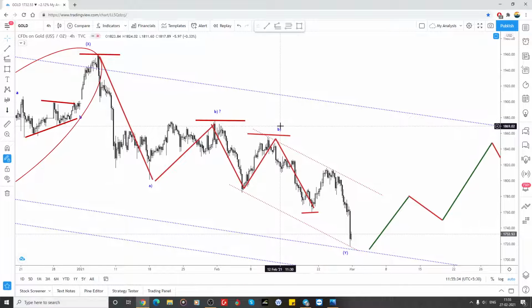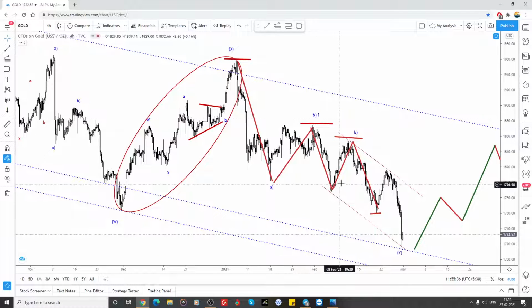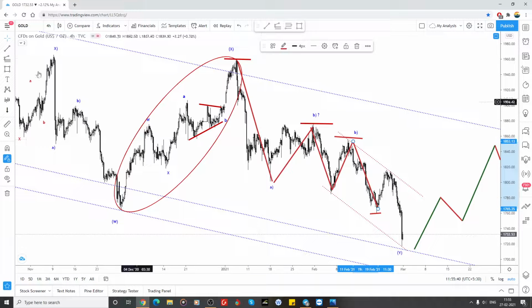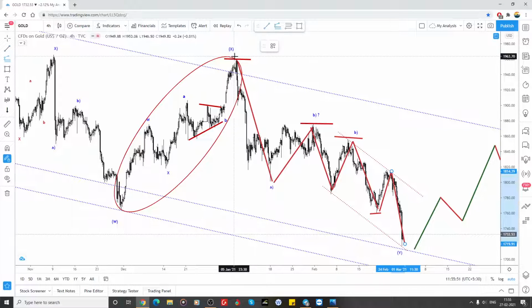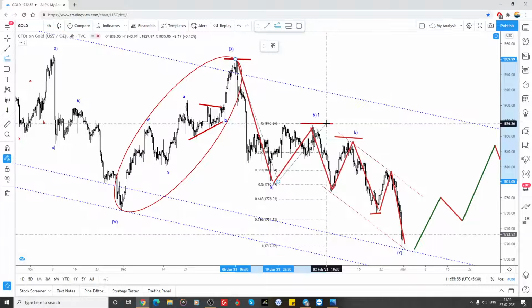So either now this is a 1 2 3 4 5. So this is an A, this is a B and C, and here if this is an A, this is a B. So it is at that junction of 78.6 percent, and it has already reached that perfectly.